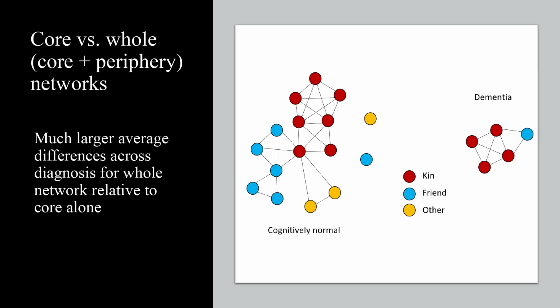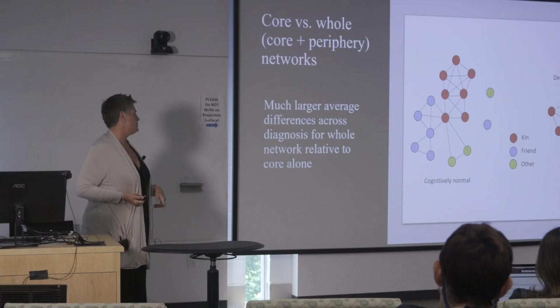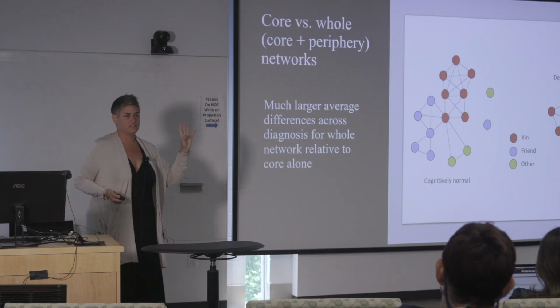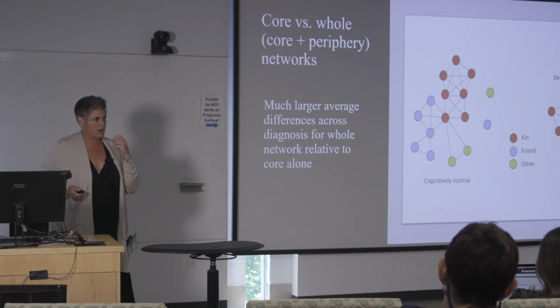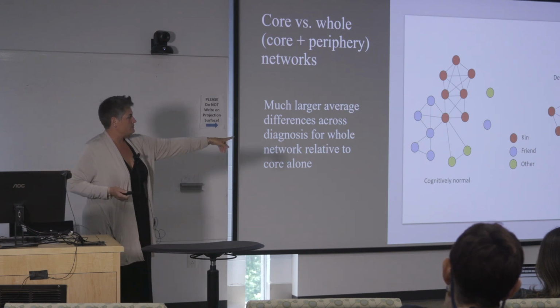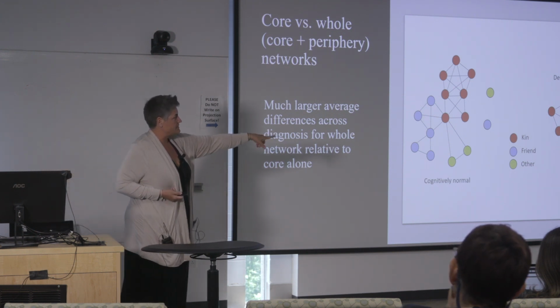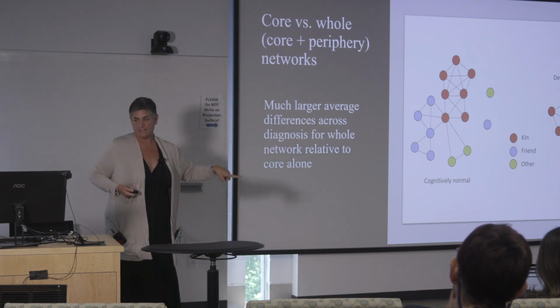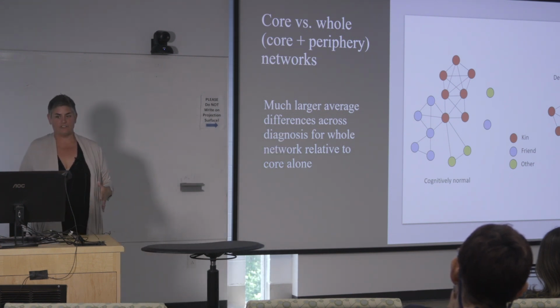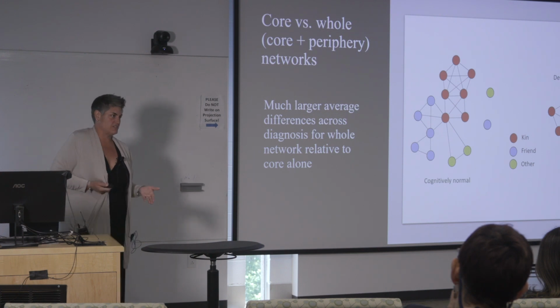We see much, much larger average differences across diagnosis for whole networks relative to the pilot core networks alone. This is what someone with MCI or dementia looks like here on the right, on average, using all those name generators that I mentioned.